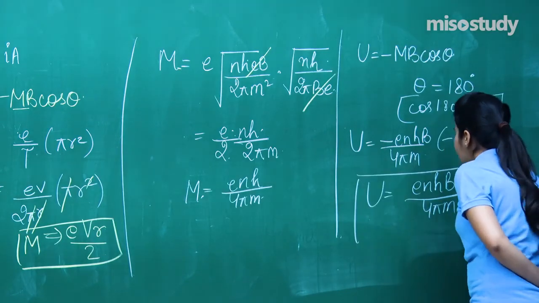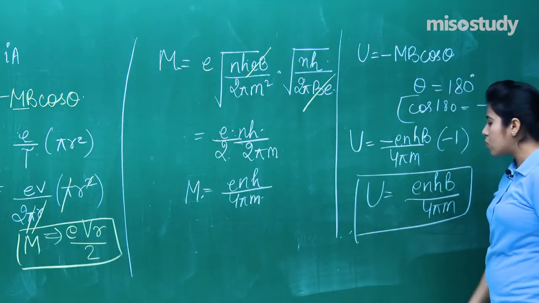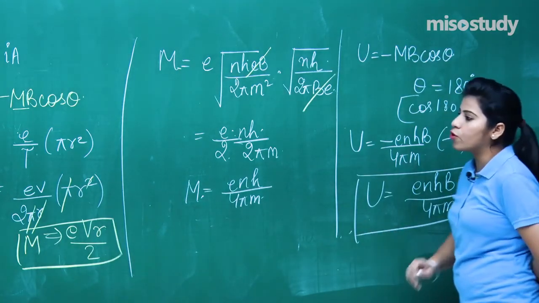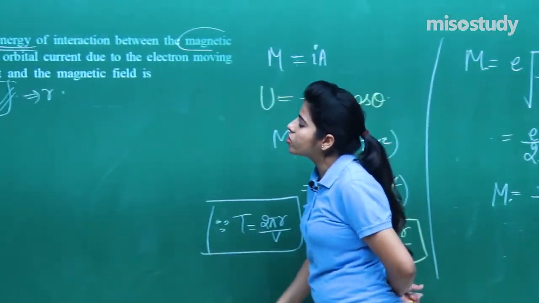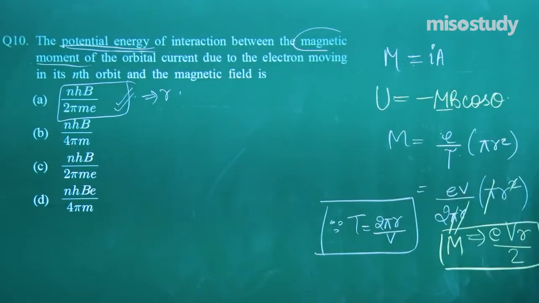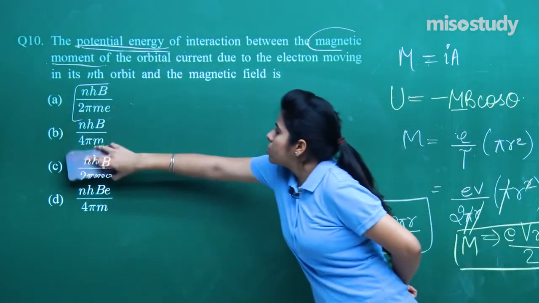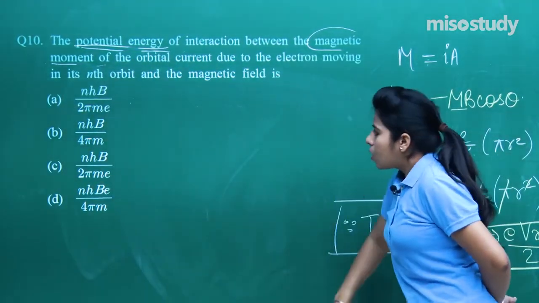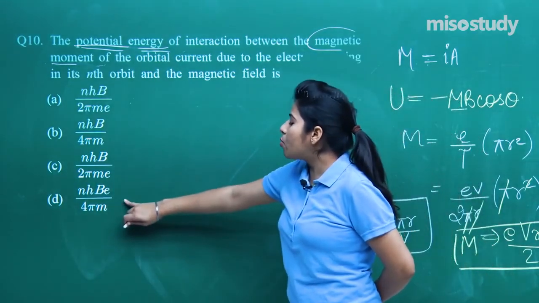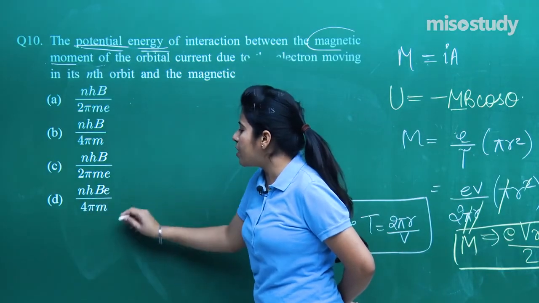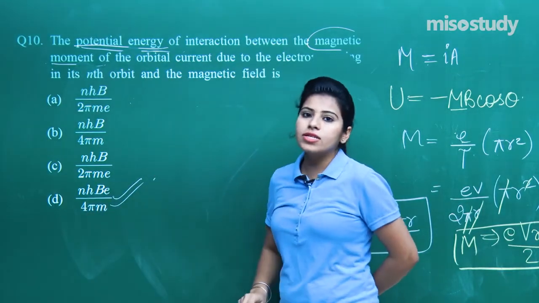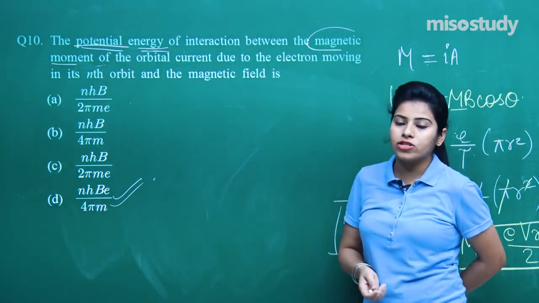Let us verify whether the option is available. e n h B upon 4 pi m. Okay, so let us see what the question was. Yes, I can see option number 4, the D option, is correct: e n h B upon 4 pi m. So this is the correct answer for this question.